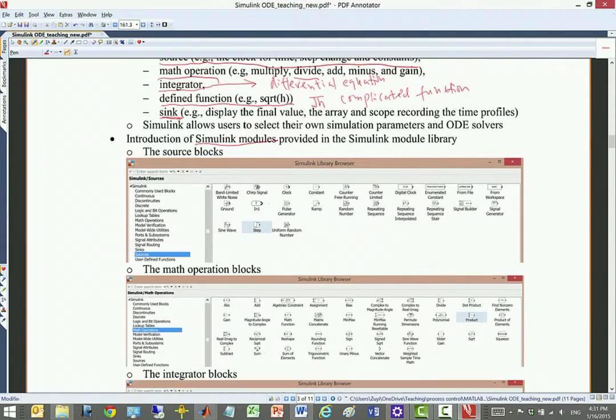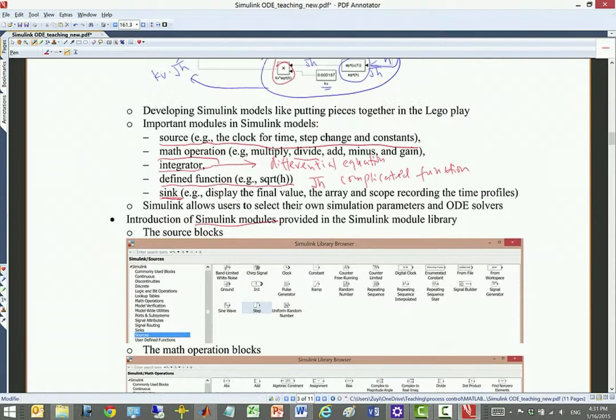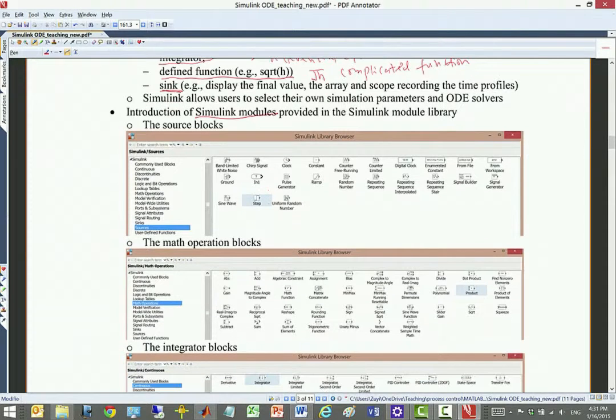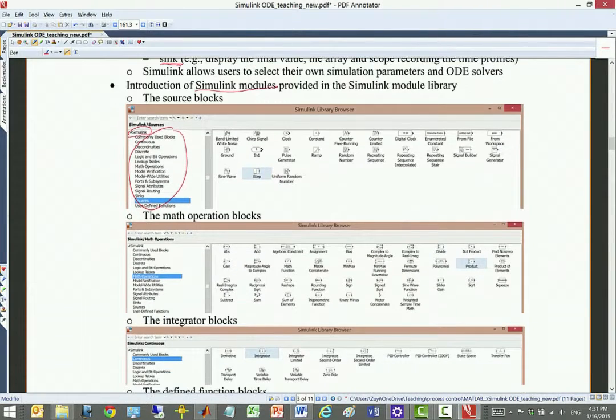So there's a library, and you could click the library. I will show you later how to get the library, in the next example. So here's the library. You can see Simulink, and these are the modules. For example, you could see the source here, and then you could see step here, right? You also see constant here.